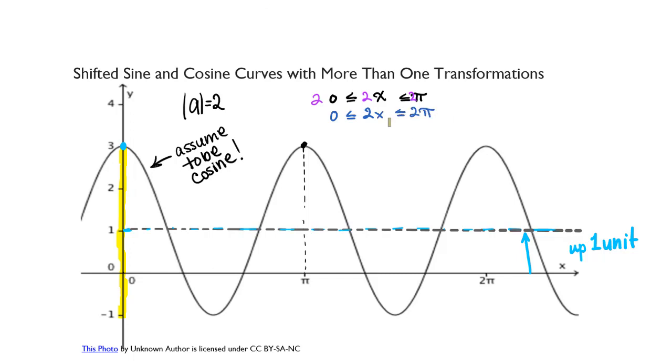That means that the inside of my function will be a 2x, and I have an amplitude, no phase shift, shifted up 1 unit. So that means this function is f of x equals 2, the amplitude, cosine of 2x plus 1.